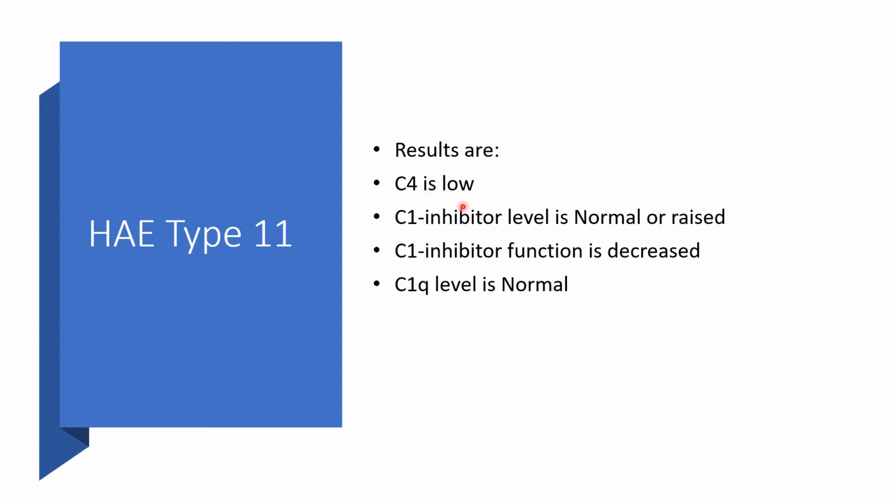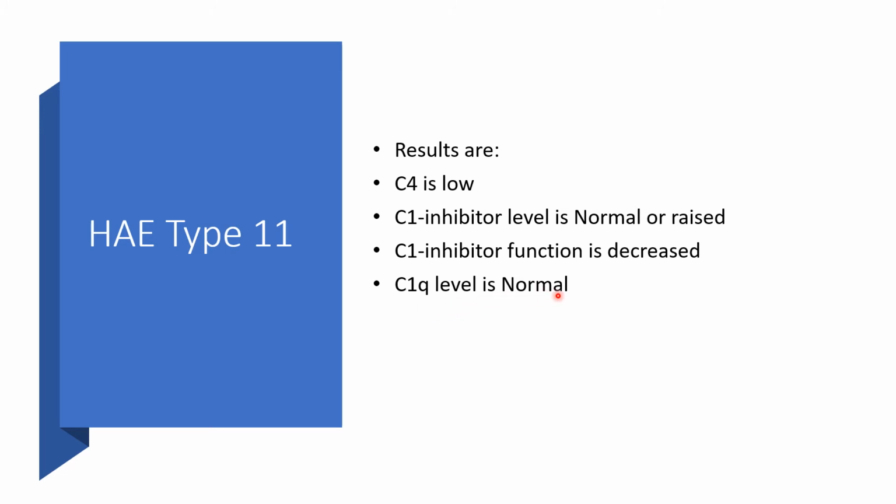C4 level will be low. C1 esterase inhibitor level is normal or raised in type 2, while C1 inhibitor function is abnormal. So they have enough C1 esterase inhibitor, but it's not functioning well in type 2.